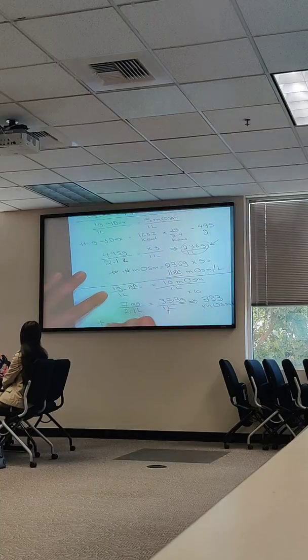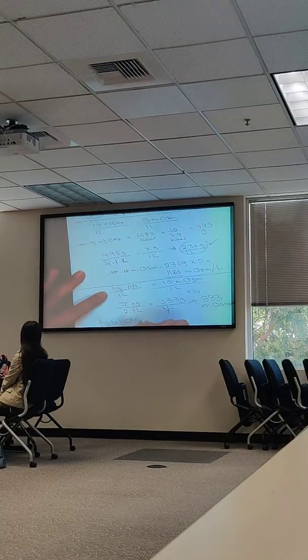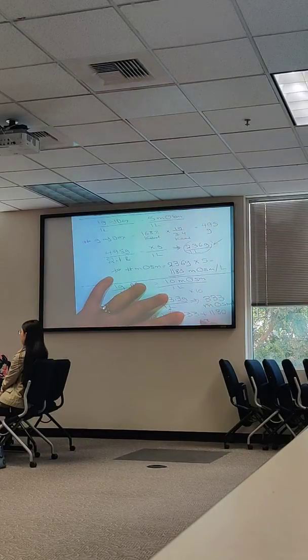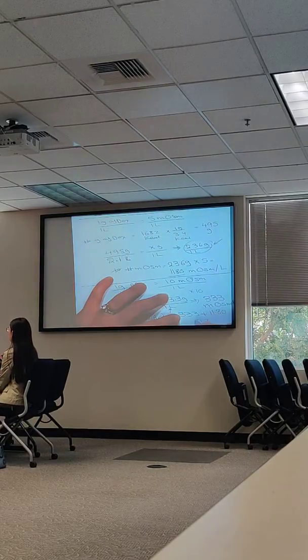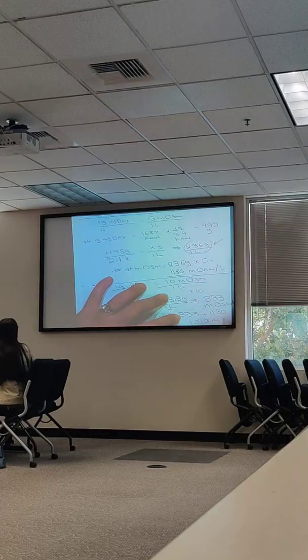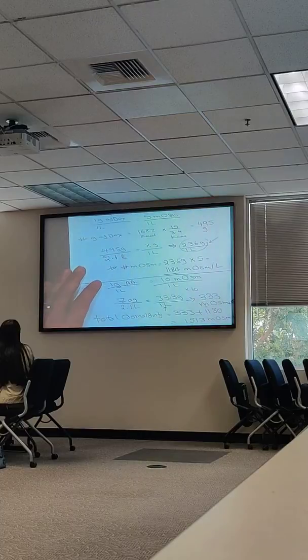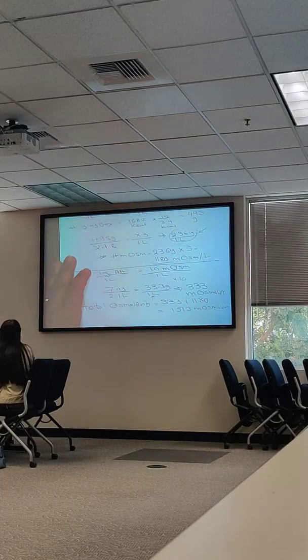So the total osmolarity is 333 plus 1180, that's 1513, if I got it right, milliosmolar. Is it hypo, iso, or hyper?